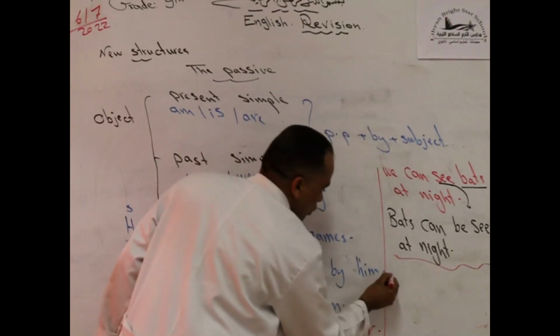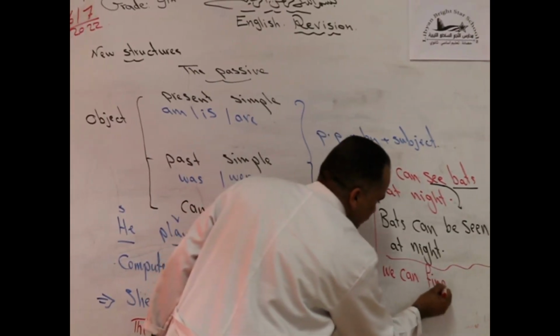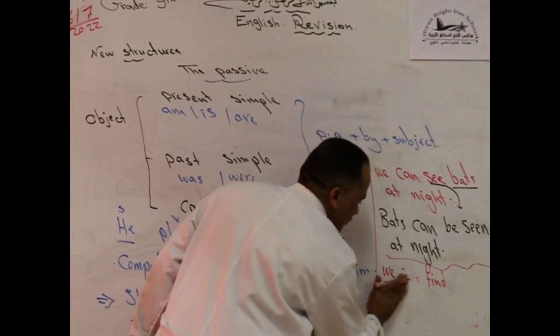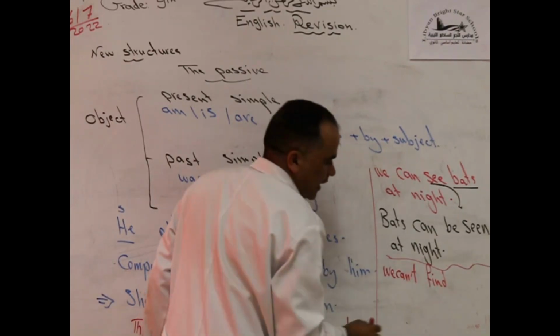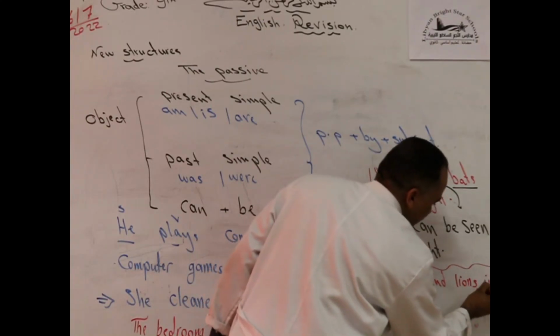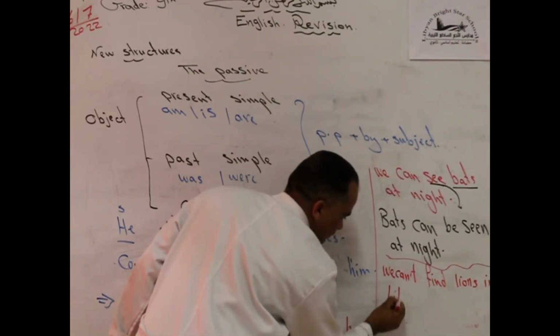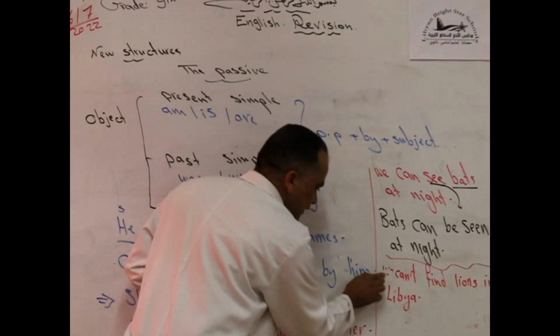Another example, we can't find lions in Libya. The sentence here is in the negative form.